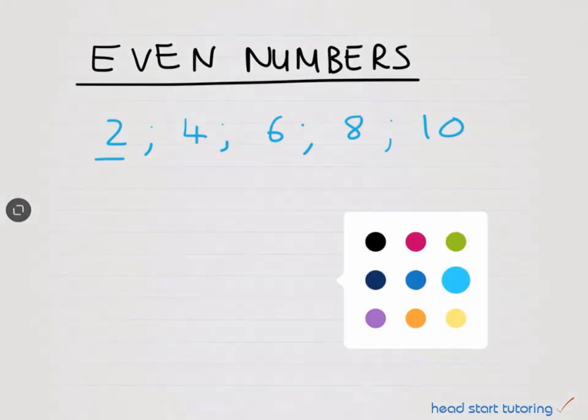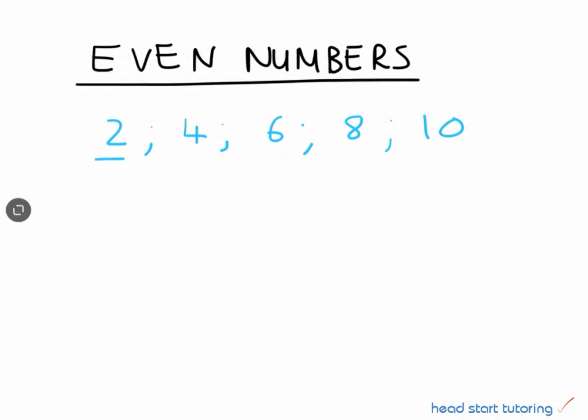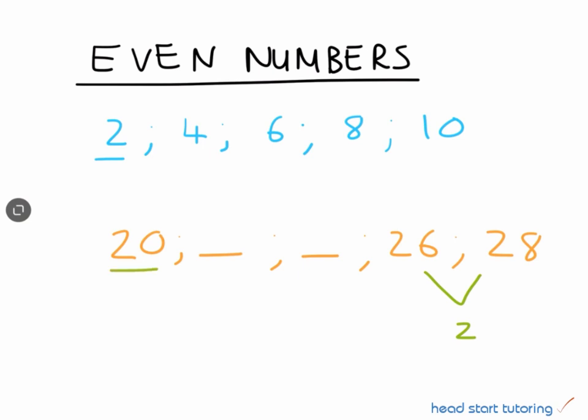Right, so if in a number sequence we get something that looks like this, we need to try and pick up that the 2 consecutive numbers we have been given have a difference of 2. So we just play around a bit and we say 20.